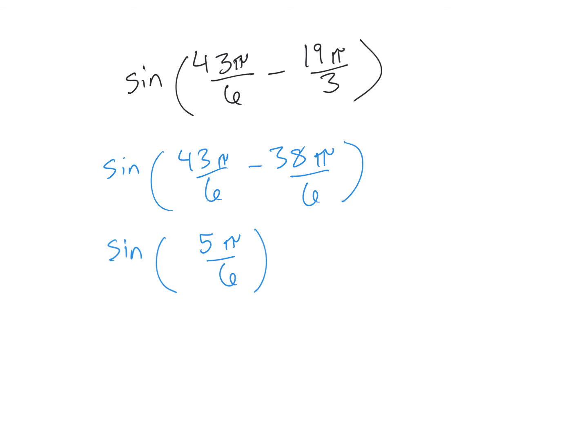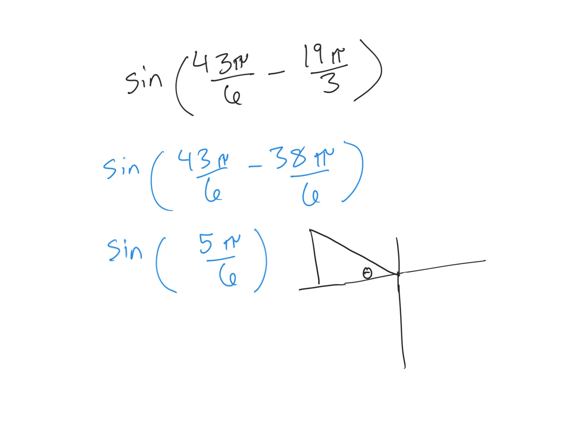Okay, 5 pi over 6 is equivalent to, if you drew a quick picture, it's just one less than pi, so it'd actually be up here. And this would be 5 pi over 6.